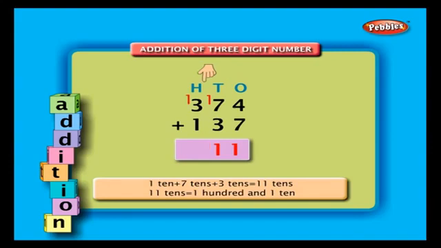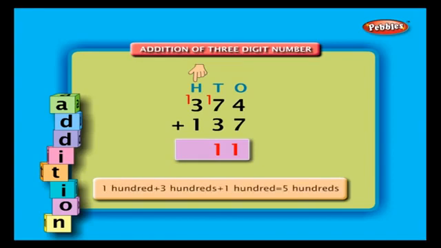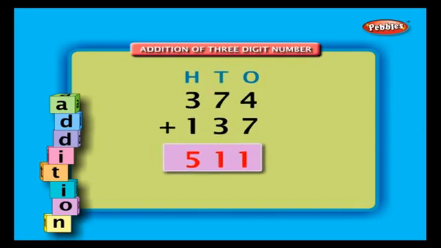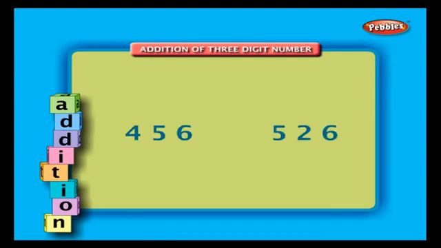Now add the hundreds column. 1 carryover number 100 plus 3 hundreds plus 1 hundreds is equal to 5 hundreds. Write 5 below the hundreds column. So adding 374 and 137, we get 511.